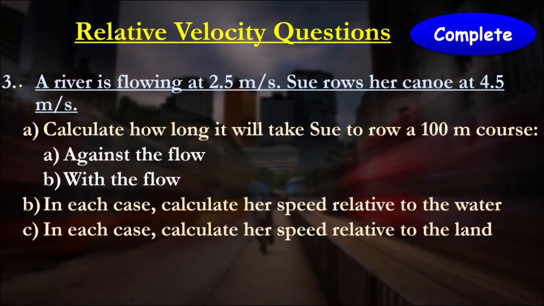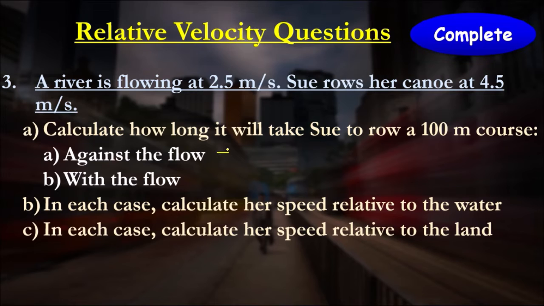Okay, so the first one we're going to tackle is crossing the river. The river is flowing at 2.5 meters per second, and Sue rows her canoe at 4.3 meters per second. Calculate how long it would take Sue to row a 100-meter course against the flow and with the flow of the river.